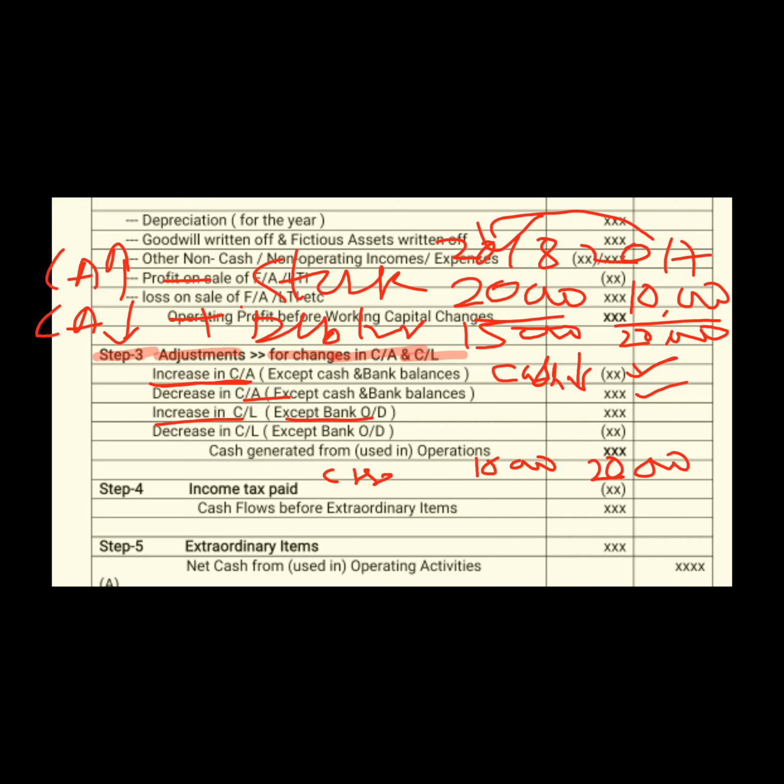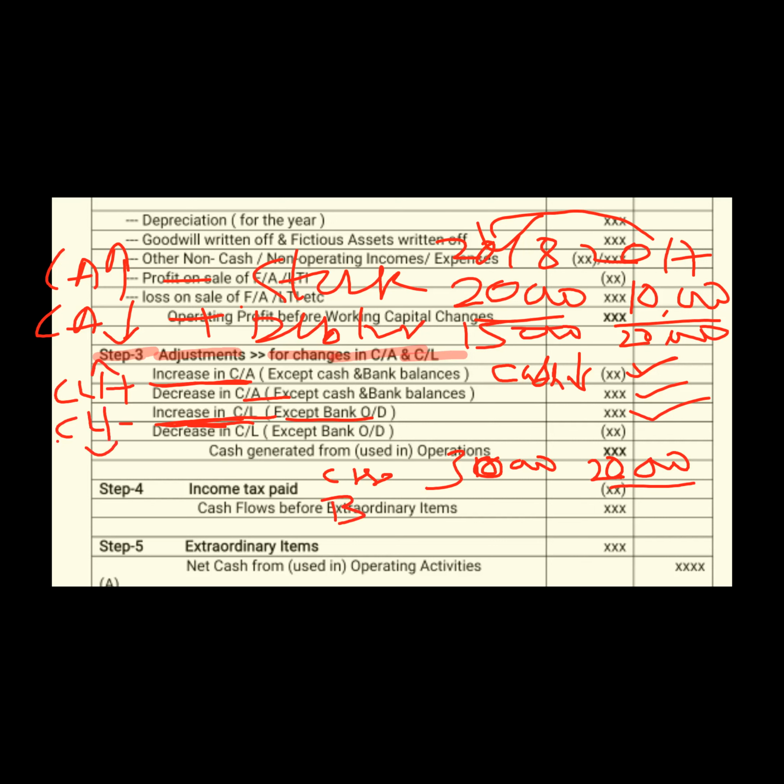Or take now 30,000, previously it was 20,000. Increase or decrease? Increase. Current liability increases, you add. Current liability increases, plus; current liability decreases, minus.